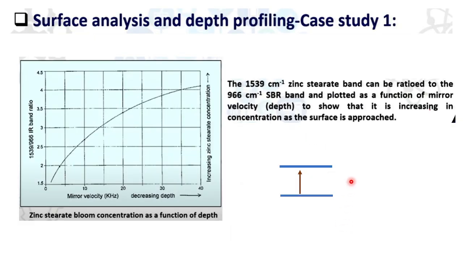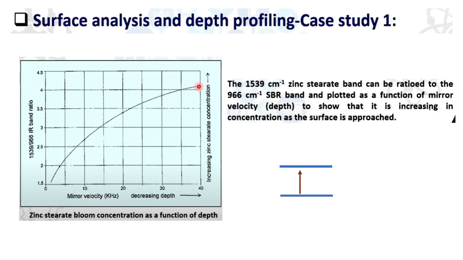By varying the speed of your chopper, you can study the surface property also. So when there is zinc stearate, if you plot a specific peak position, that is 1539, versus mirror velocity, you will see that as you go from here to here, you are getting more data from the surface only.